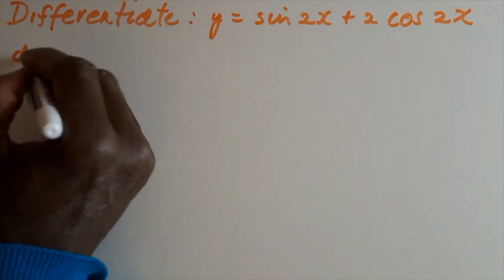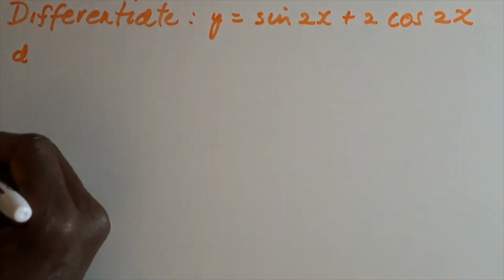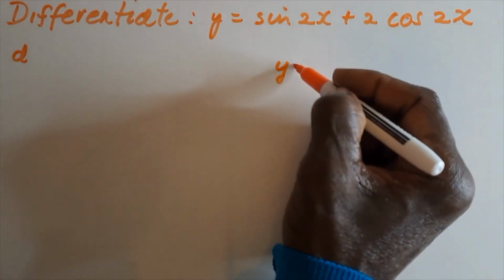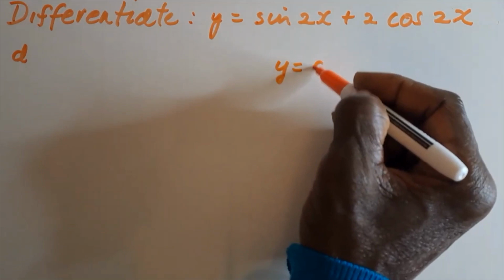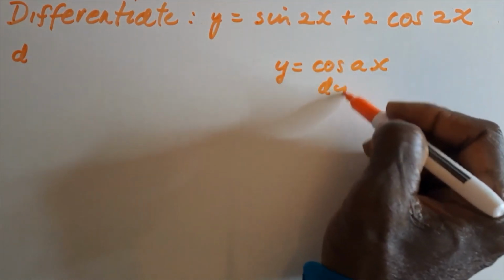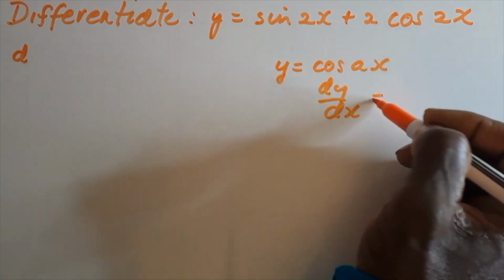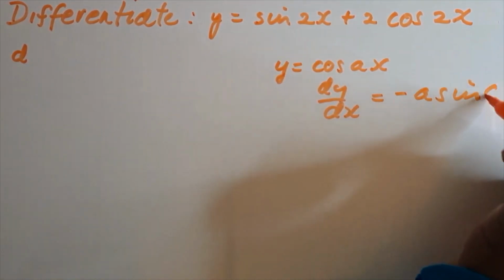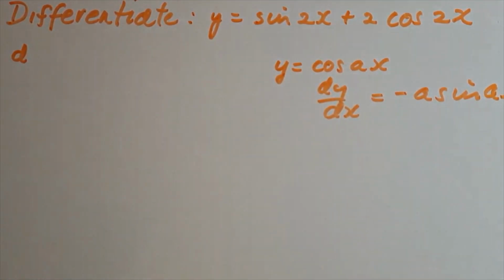Here we have y is equal to sine 2x, add 2 cosine 2x. And we know this, that if y is equal to cosine ax, then dy dx is equal to minus a sine ax. Just a standard differential.